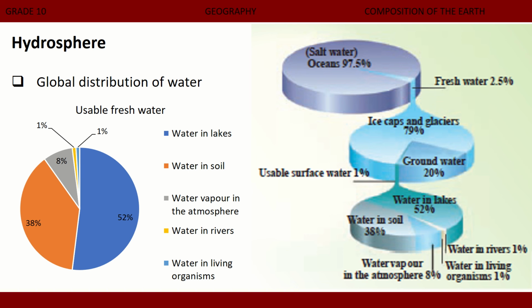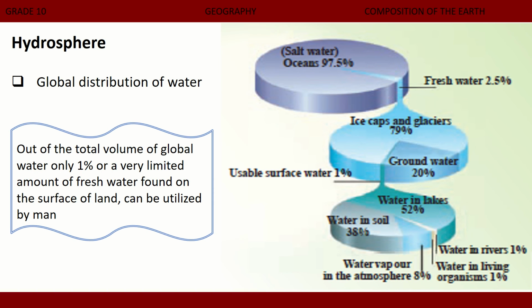If we subdivide usable fresh water again, 52% are water in lakes, 38% water in soil, 8% of water vapor in the atmosphere, 1% of water in rivers and 1% of water in living organisms.